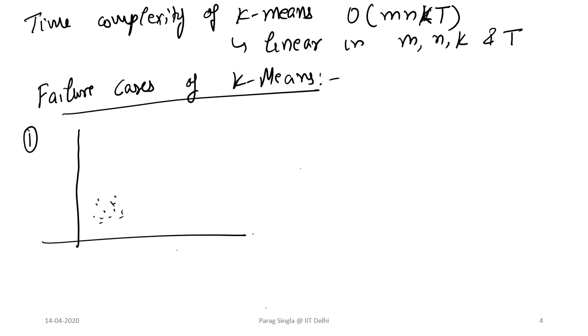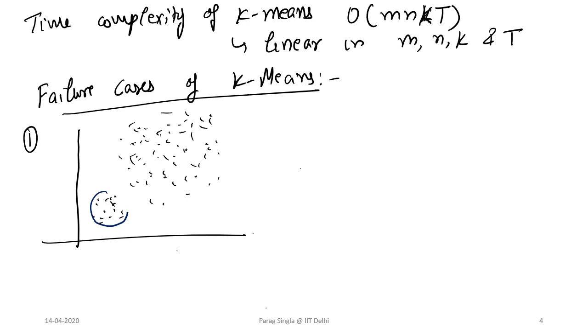Let's say you have one set of points and another set of points here. And clearly there are two clusters that you want to be able to discover. There is a smaller cluster here, and a larger cluster of points here, and your mu1 and mu2 might be sitting somewhere here.